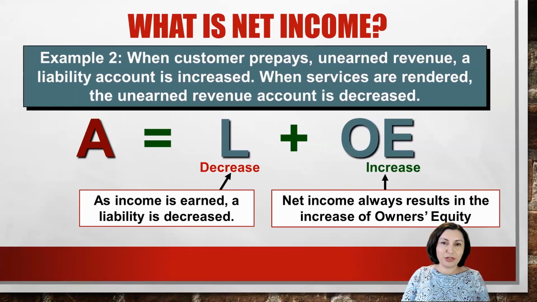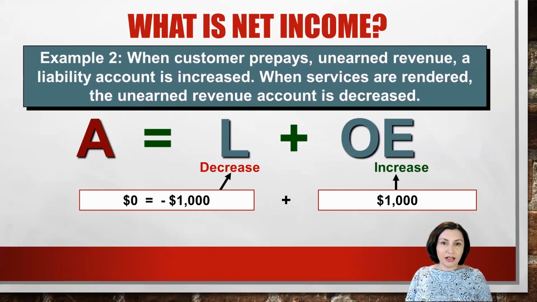If the company receives cash in advance and records it as unearned revenue, which is a liability account, it decreases the liability account once services are rendered. Again, let's look at the accounting equation.